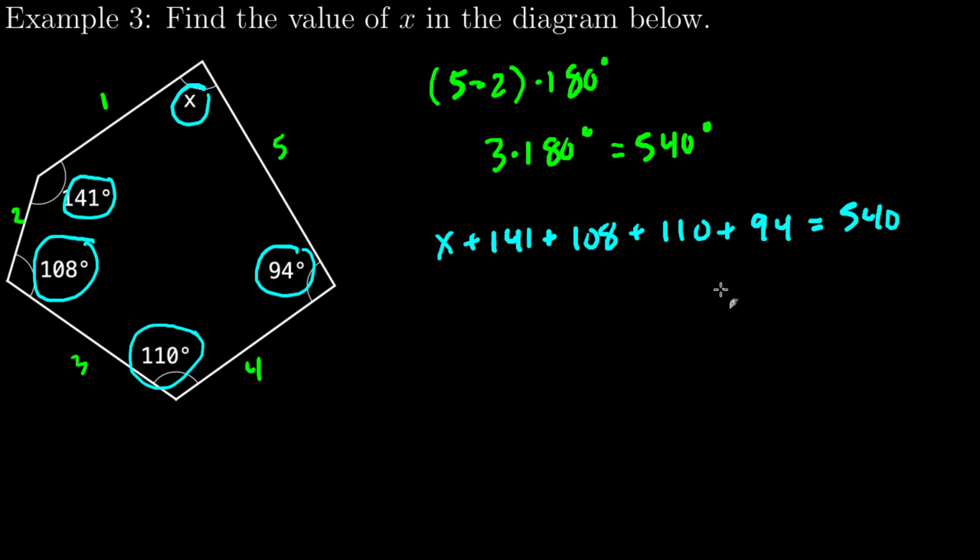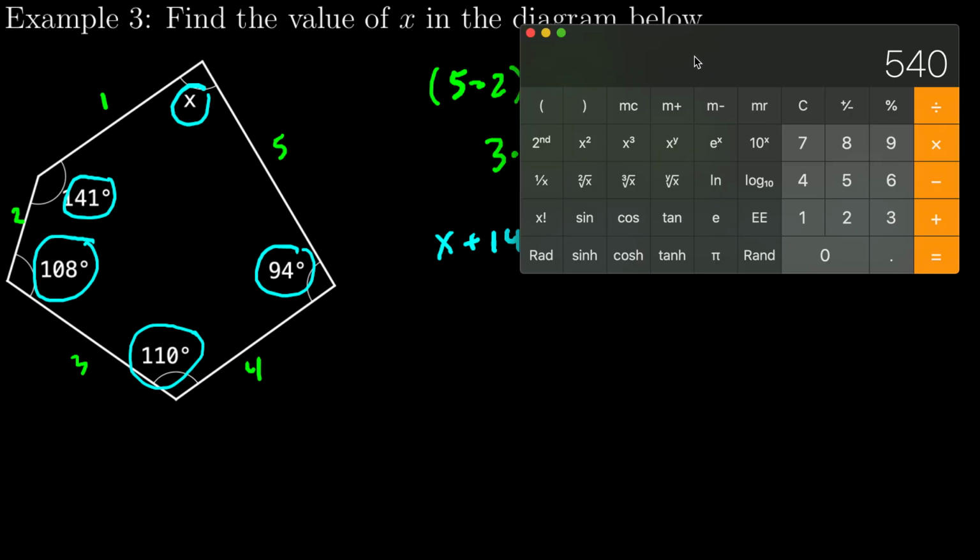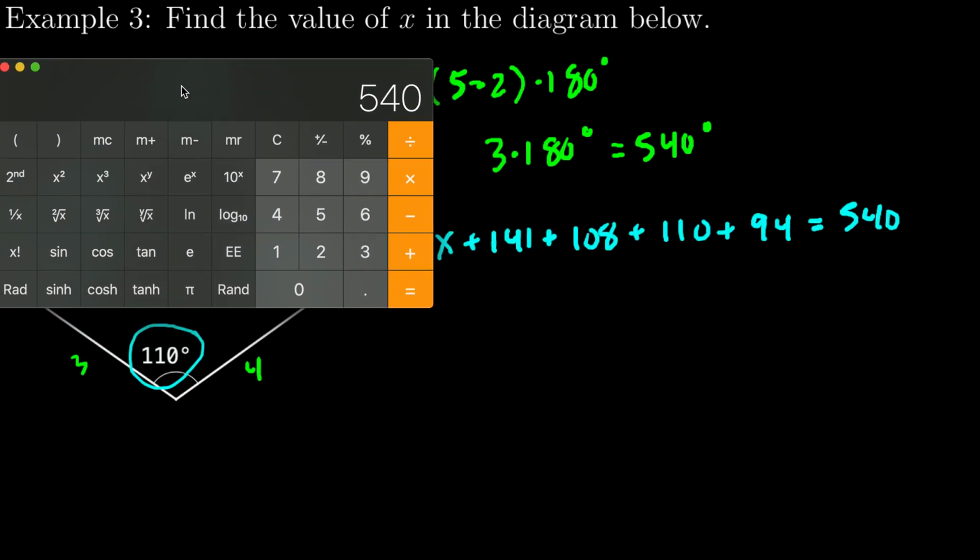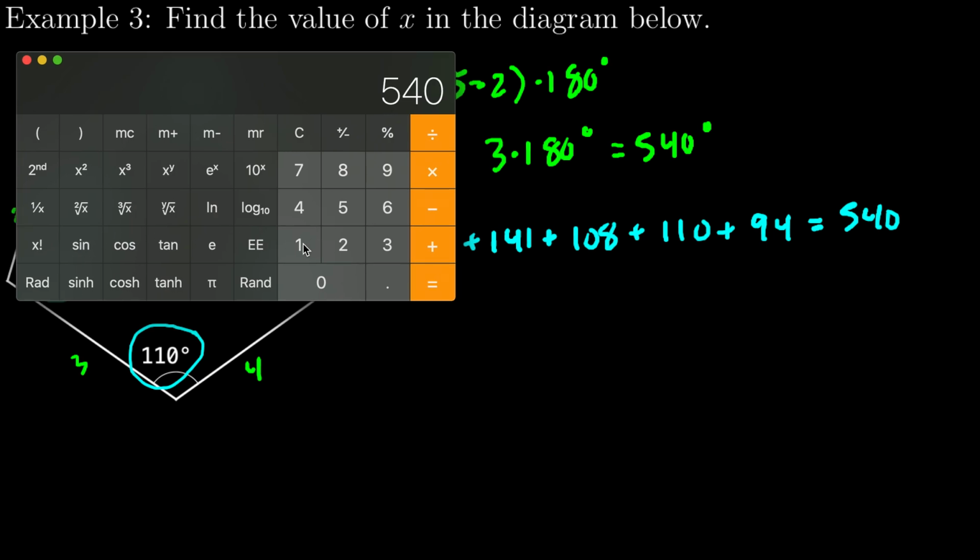Again, notice I sort of dropped the degrees. I'll bring it back at the end. Okay, let me move this over so I can see my work. So I need to do 141 plus 108 plus 110 plus 94. That gives me 453.